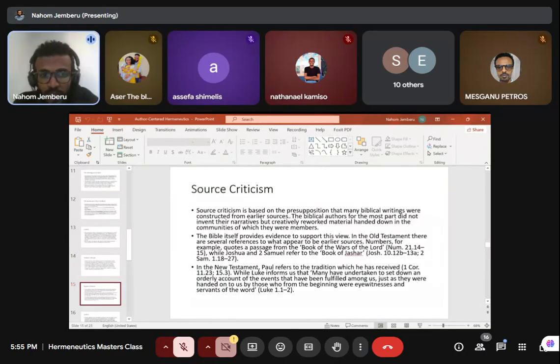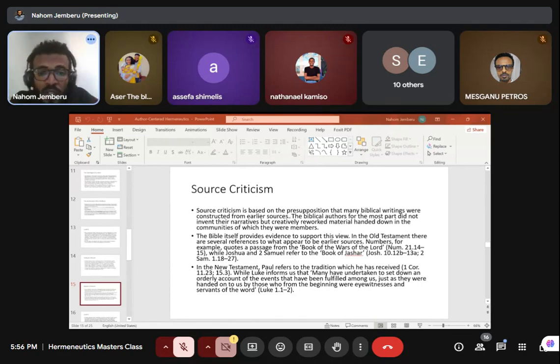Source criticism assumes that many of the biblical writings were constructed from earlier sources. This is not as radical as it might sound at first, because the Bible itself gives us clues that the biblical writers used source material.